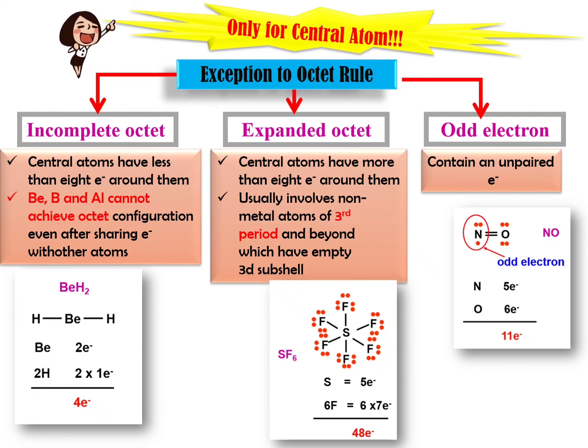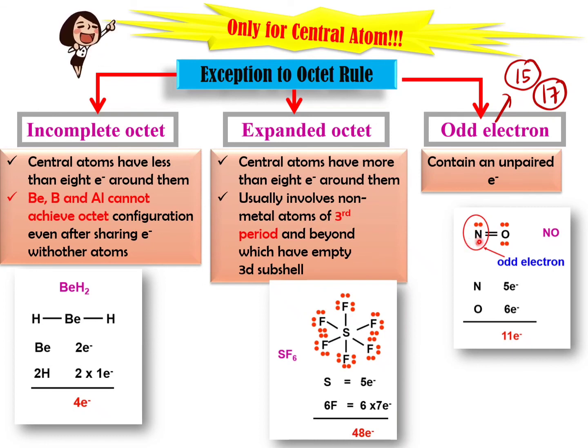Okay, odd electron ni normally berlaku kepada elemen in group 15 and group 17. So awak kena ingat, sebab biasanya group ni adalah group ganjil, kan? So dia boleh berlaku antara 2 elemen ni lah. So nitrogen adalah elemen in group 15.